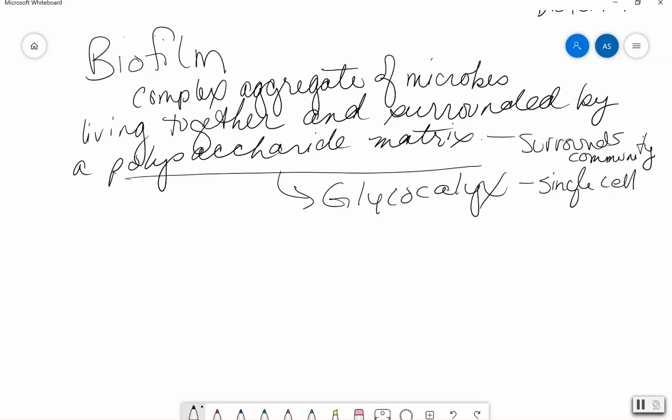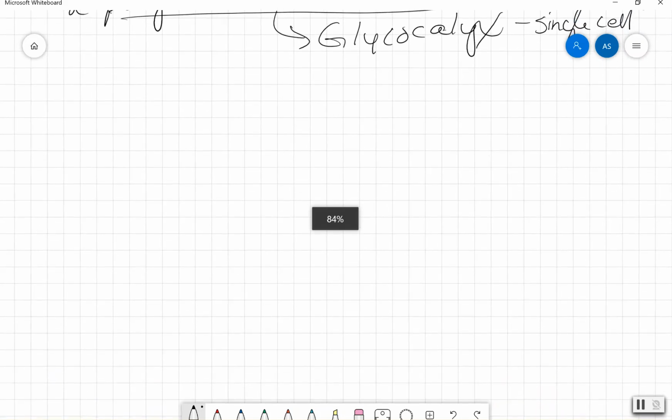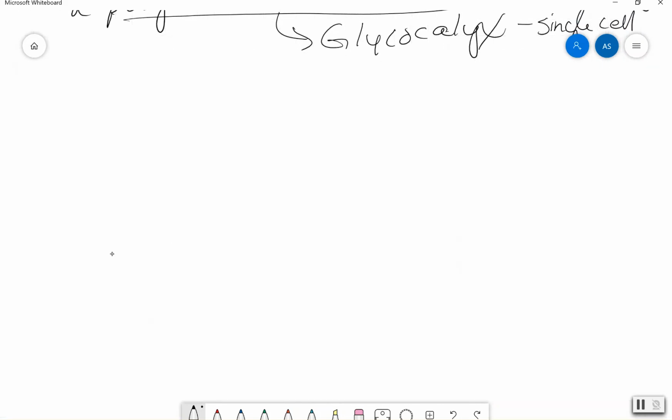So how does the biofilm form? We have a solid surface. This could be a microscope slide. It could be your teeth. It could be your shower wall, a rock in a stream.